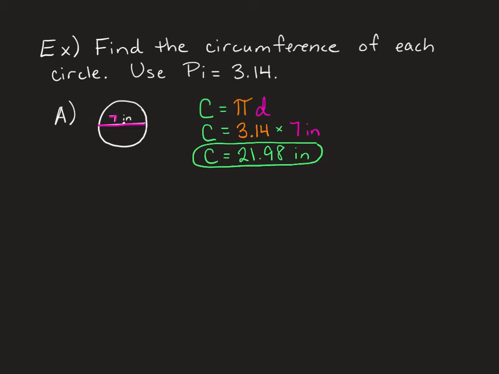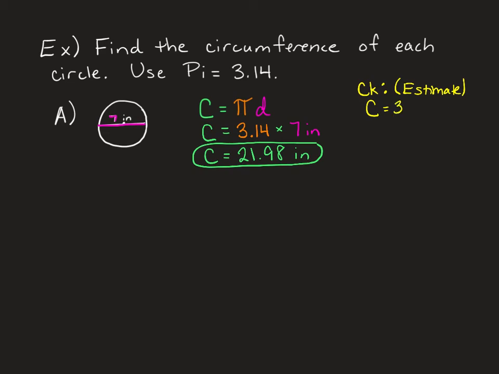Over here to the side, I'm just going to quickly check and see if my answer is reasonable. I'm going to check by using an estimate. Now, you don't want to show this every time, but it is a good way just for you to mentally see if your answer makes sense. So if I'm finding my circumference, pi is about 3.14, but we could even say it's about 3.